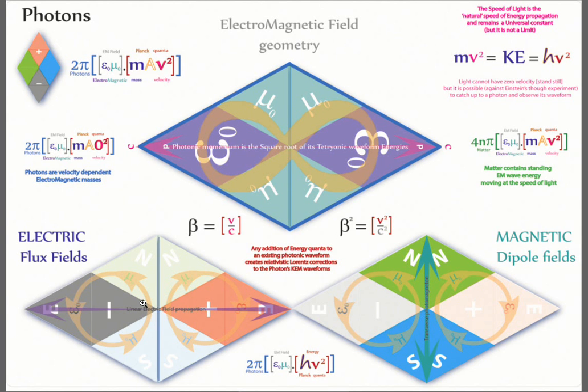But in the case of a photon, there is no particle to fix it at a point and to keep adding energy to the field. So what happens is the photon of energy will radiate outwards at the speed of energy, which is the velocity created by the frequency wavelength relationships of energy momenta within the fields.